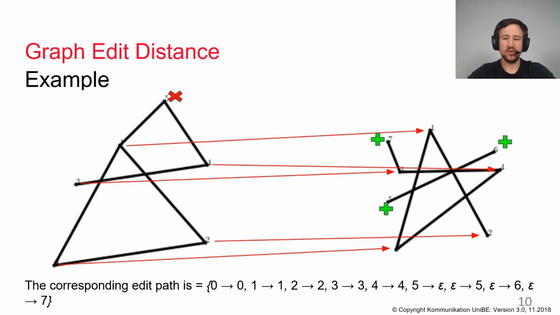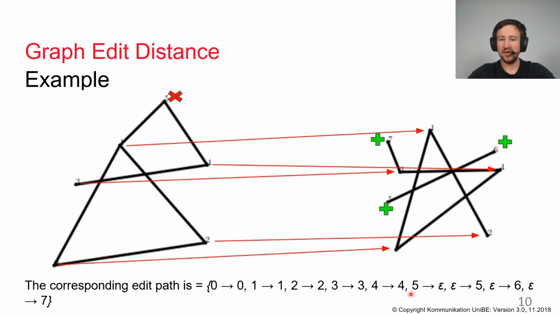Here we can see a quick example of the graph edit distance and the corresponding edit path. On the left here you can see the source graph, and on the right you can see the target graph. And down here you can see the corresponding edit path. Denoted like this, for example 0 to 0 are all the substitutions, meaning node 0 in the source graph got substituted with node 0 in the target graph.